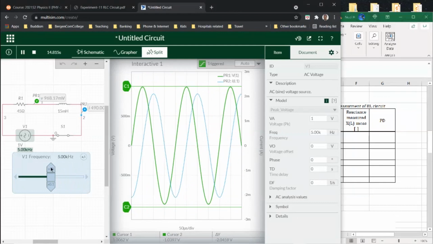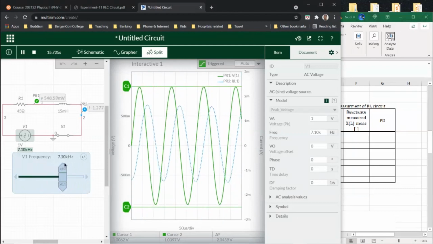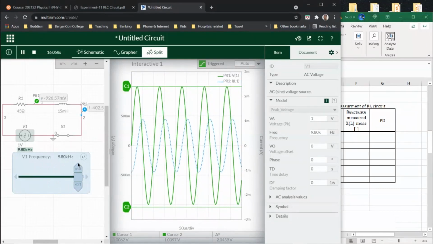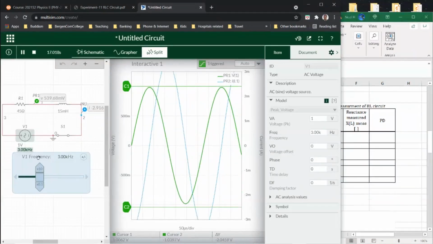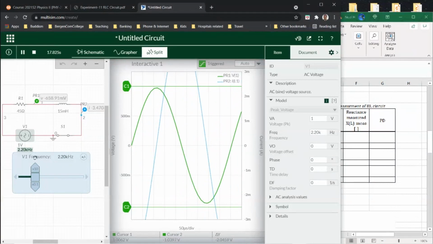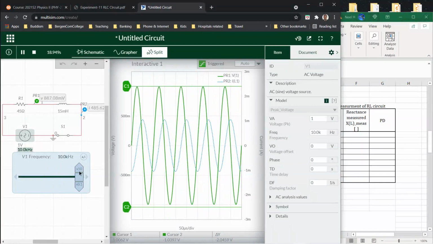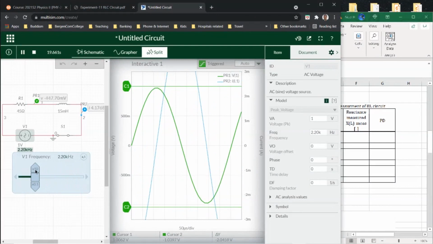The voltage seems to remain constant, but the current is hugely affected again, which confirms that it depends on the frequency. Looking at the current curve, with the lower frequency it is much larger, and with the higher frequency much lower. So this is directly affected.